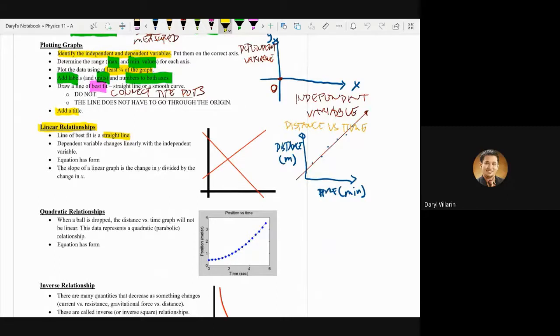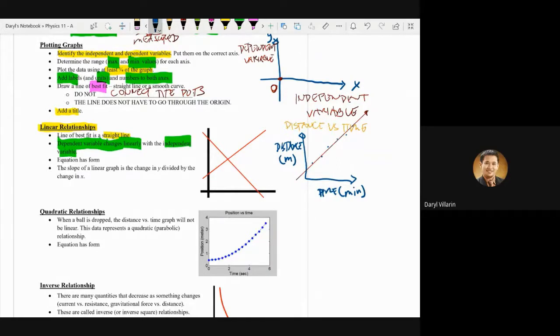The dependent variable changes linearly with the independent variable.